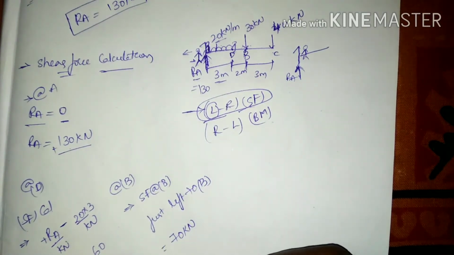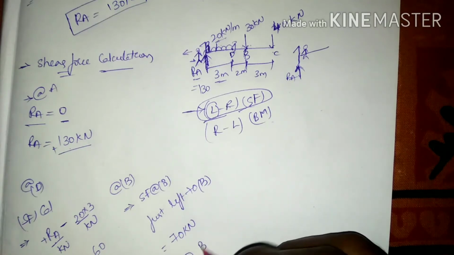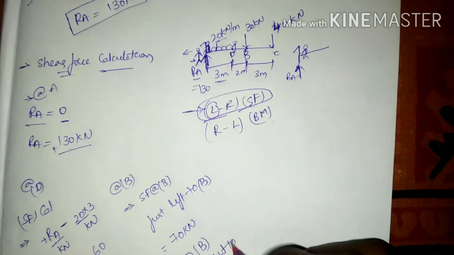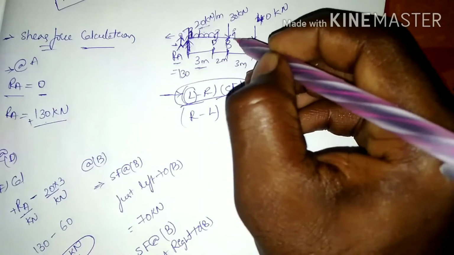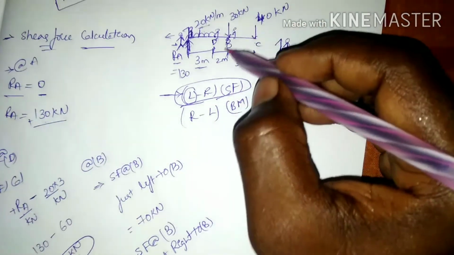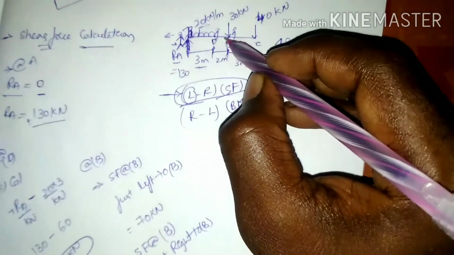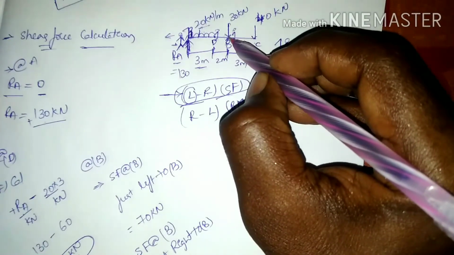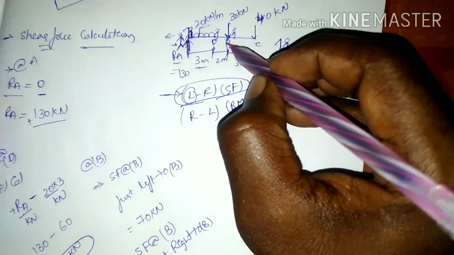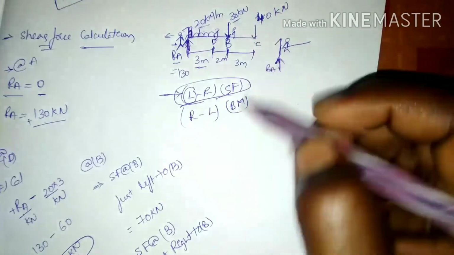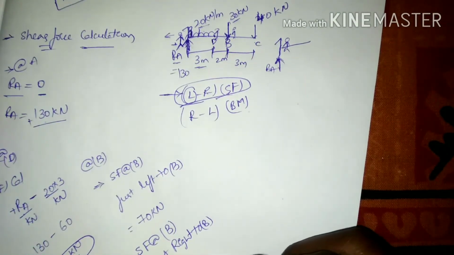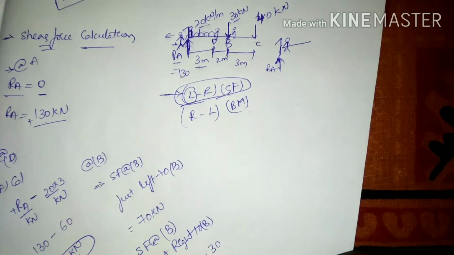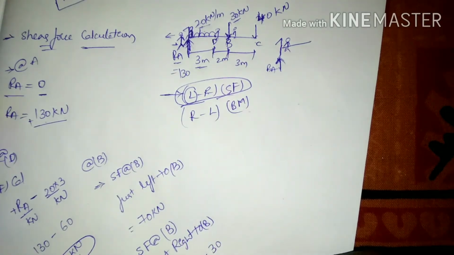And shear force just right of B, here itself: you have a 70 kilonewton load up to here, and suddenly a point load of magnitude 30 kilonewtons falls on the beam, so 70 minus 30 remains with 40 kilonewtons.